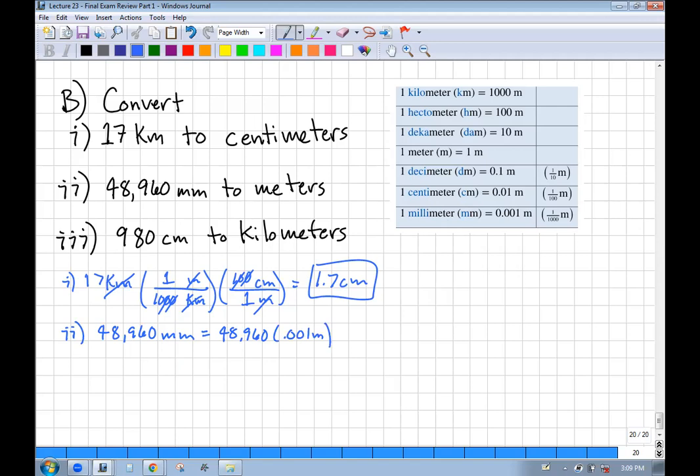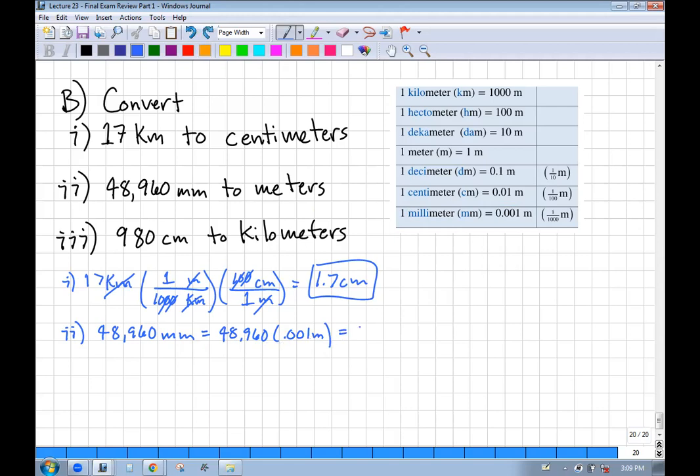Okay. I replace this with this. That's what it says right here. 1 millimeter is 0.001 meters, or 1,000th of a meter. So multiplying by 0.001, we're moving the decimal to the left 3 times.